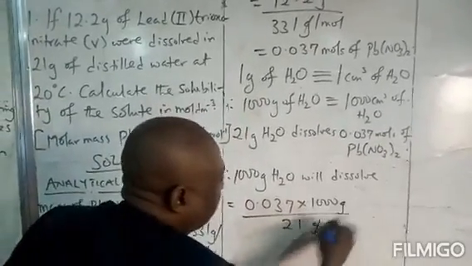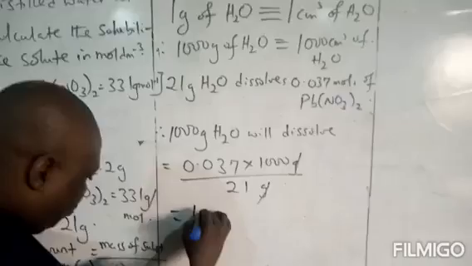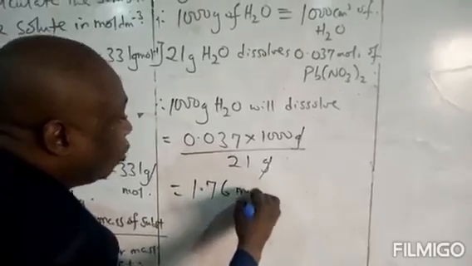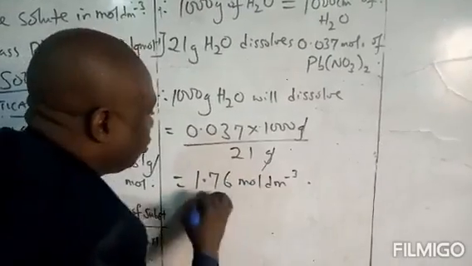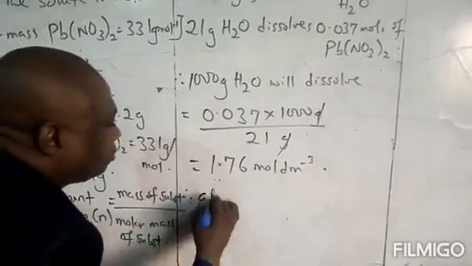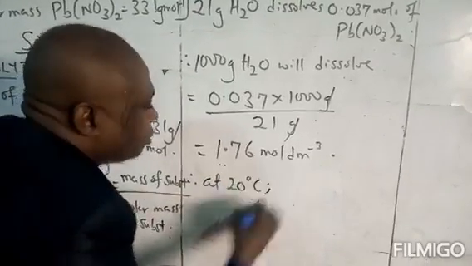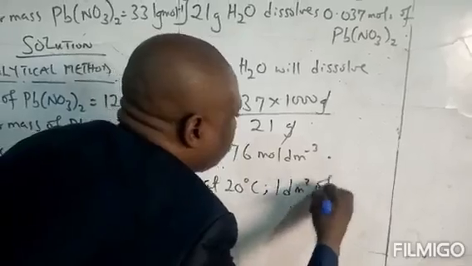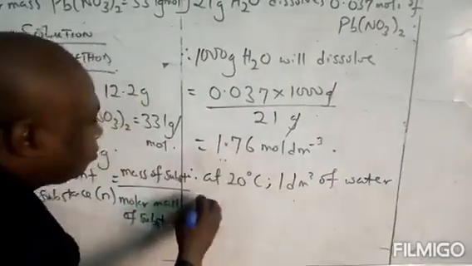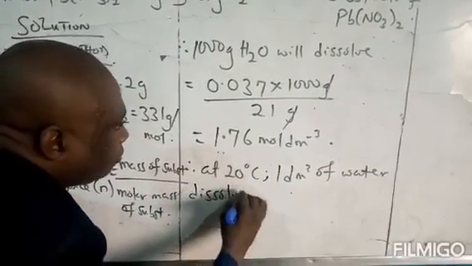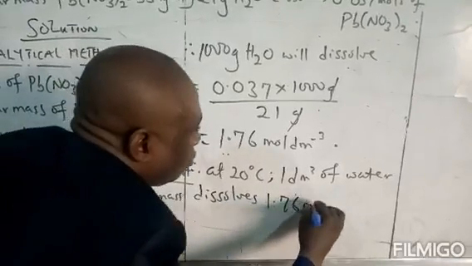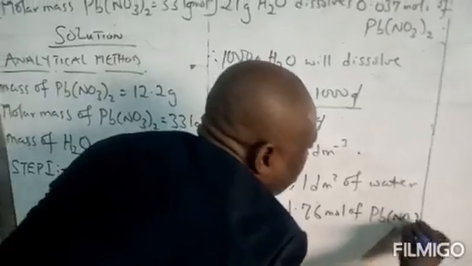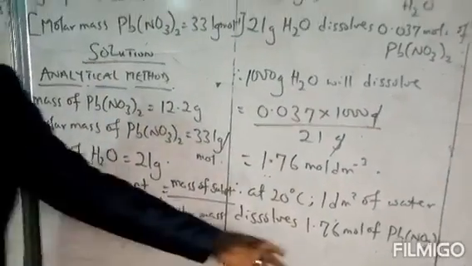Remember that the grams and the grams will go off. So we get 1.76 moles per dm cube. In conclusion, at 20 degrees Celsius, we are saying that 1 dm cube of water dissolves 1.76 moles of that. Now that becomes the answer.